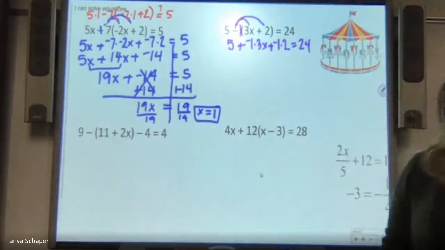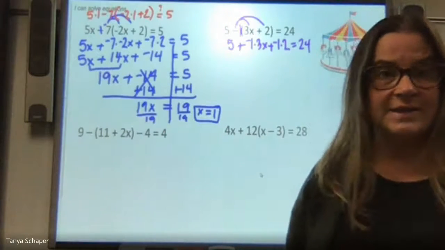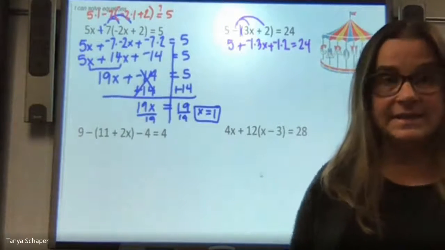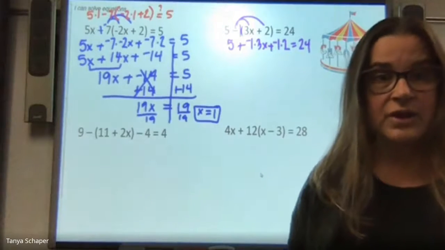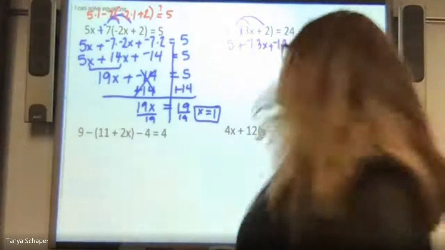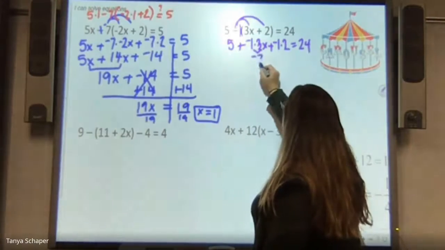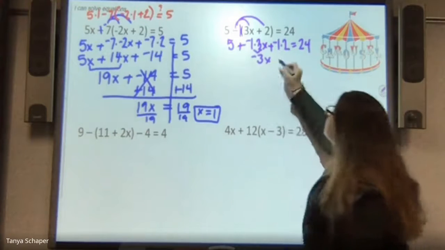I'm showing those steps of distributing so I make sure I don't have any mistakes. I want to be as careful and as detailed as I can be so I limit those mistakes, because we're human and we make mistakes. So negative times positive is negative, and it'll be 3x.